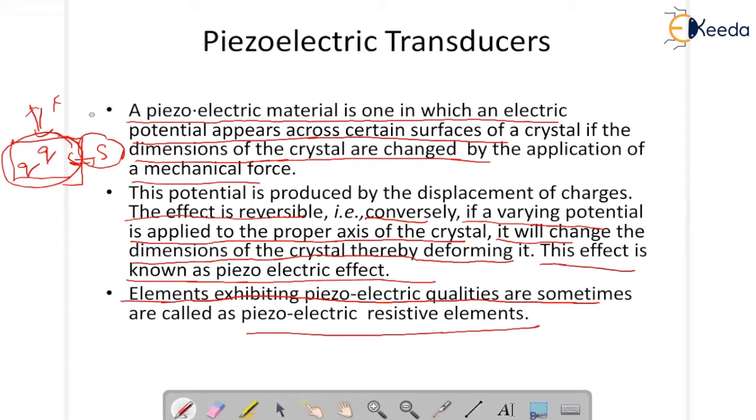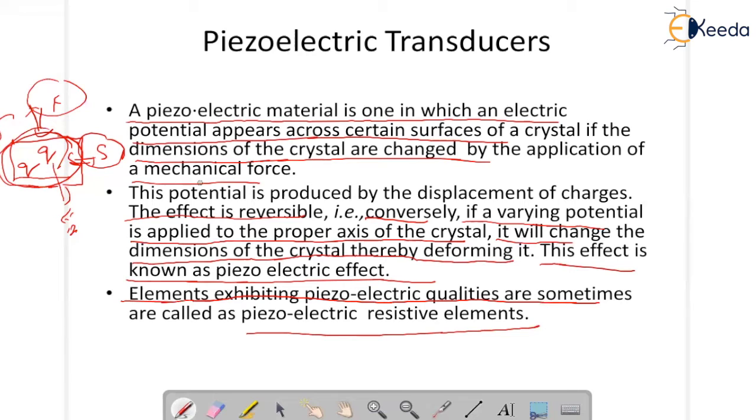Simply put, if I'm applying any force on this particular crystal, deformation takes place. As a result of that, you are going to get the output in the form of an electrical output, my dear students. These properties are exhibited by piezoelectric resistive elements.